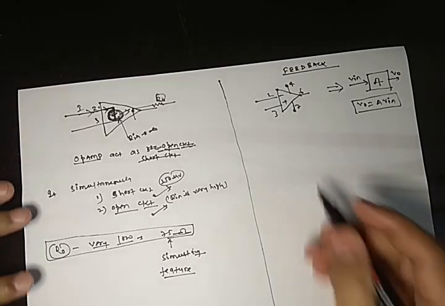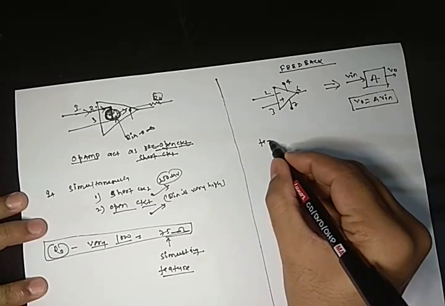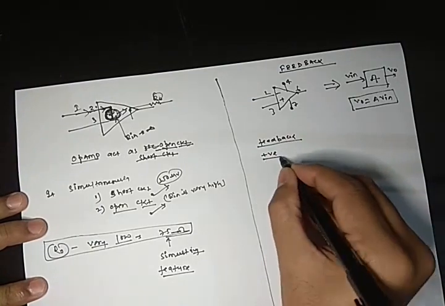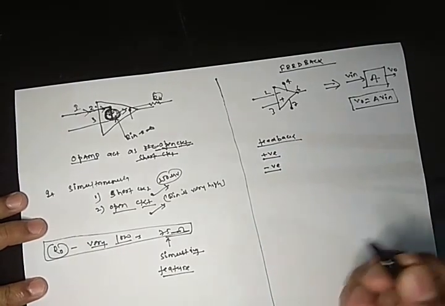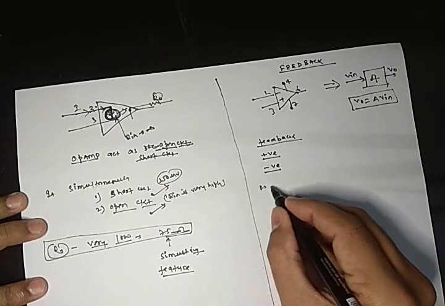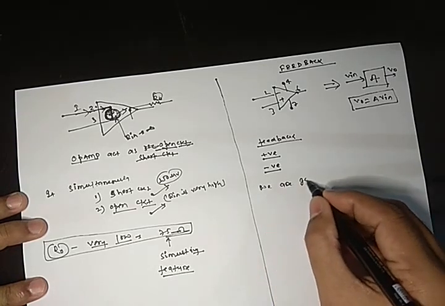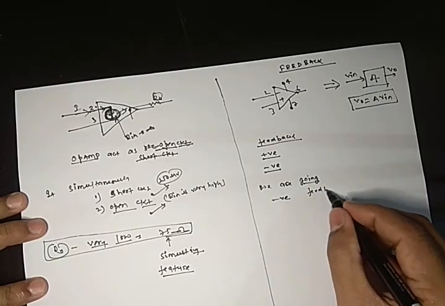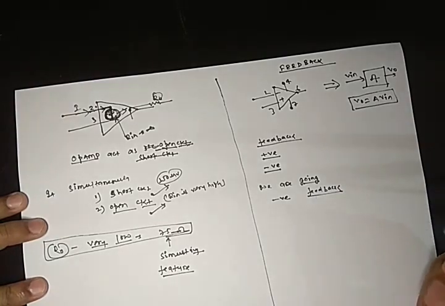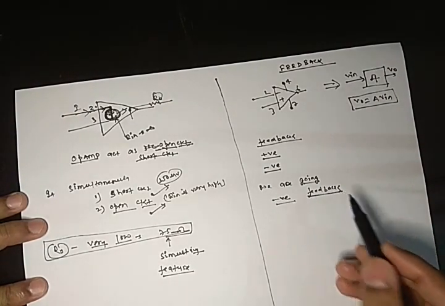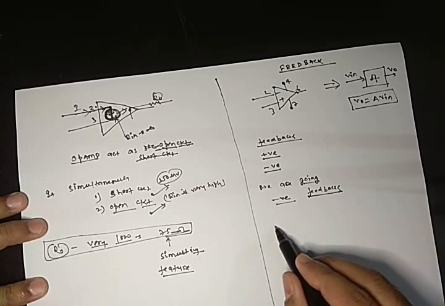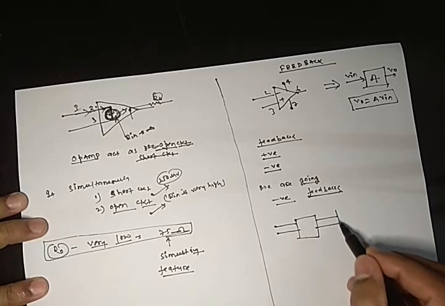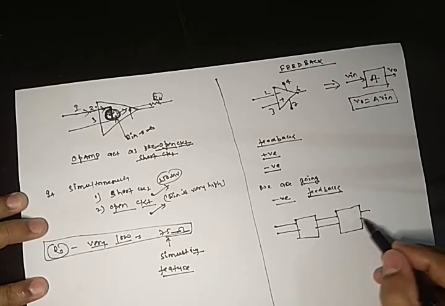Now feedback can be positive feedback as well as negative feedback. We are going to study negative feedback. Negative feedback means there are 3 boxes.